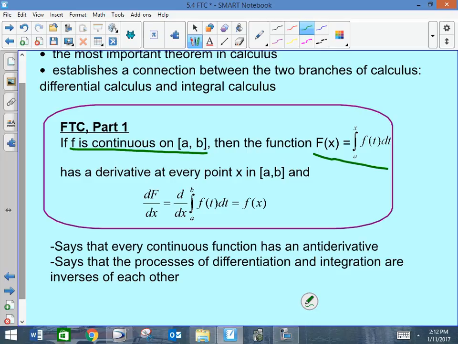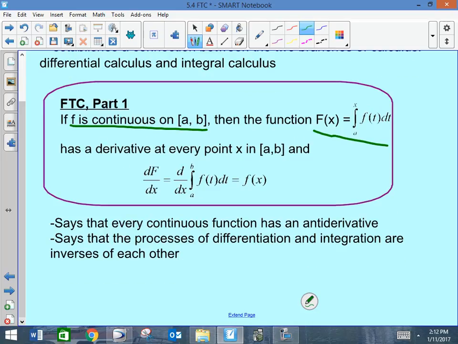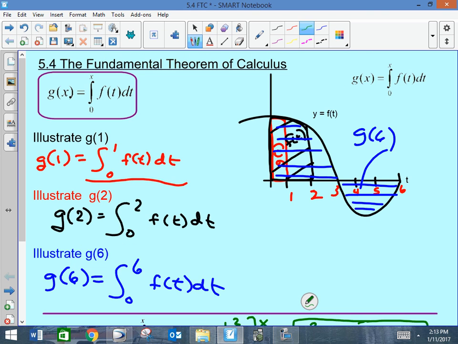Basically, it says that every continuous function has an antiderivative, and the processes of differentiation and antidifferentiation, which is the same as integration, are inverses of each other.